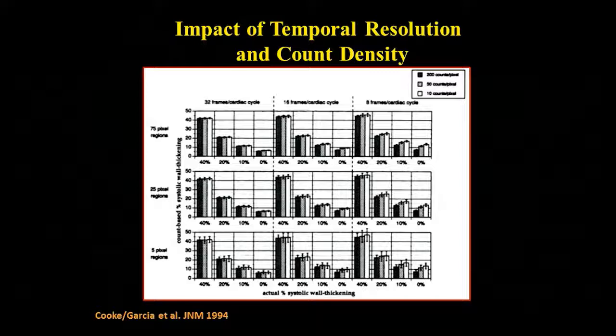So in usual clinical practice, these are the kind of patients we would see who have infarcts, considerable reduction in the count density, but as long as they have at least 10 counts in a pixel on an 8-bin gating, you can separate the normal, the abnormal, the very abnormal, and the akinetic regions from each other. Okay, so yes, it still works even if you have very low counts.